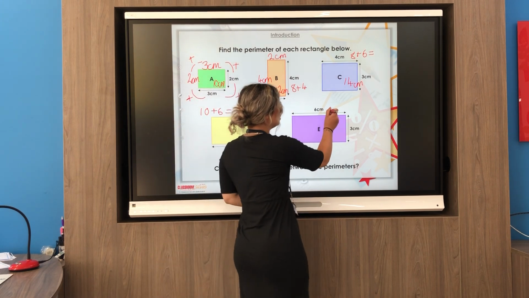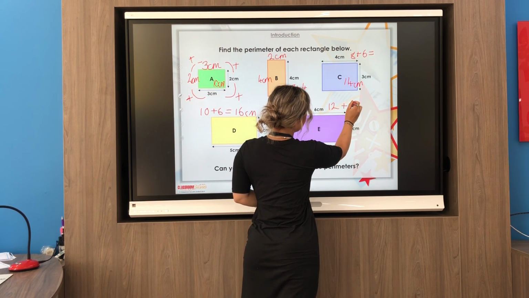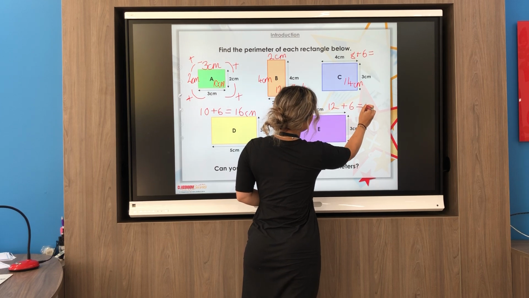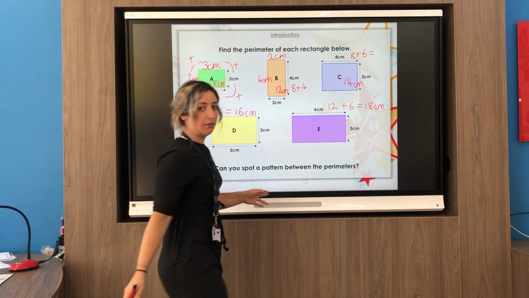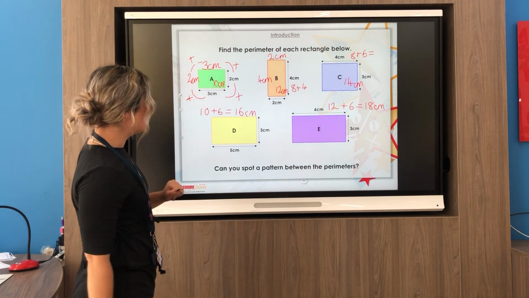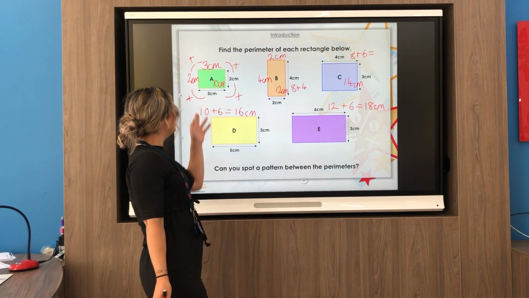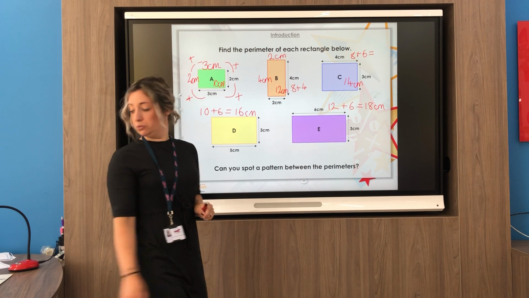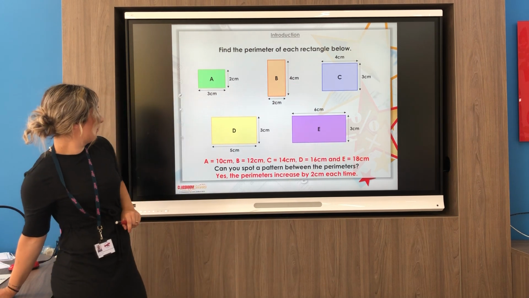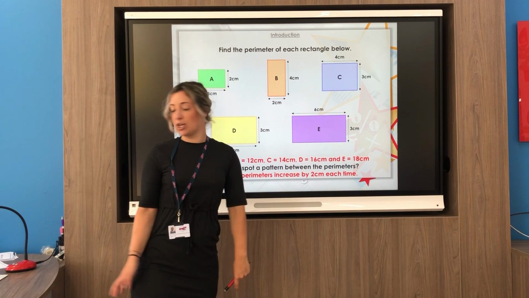So 6 times 2 is 12, 3 times 2 is 6, and it is 18 centimetres. So coming on to the second half of the question, can you spot a pattern between the perimeters? Yes, I can. The perimeter lengths are going up in 2s. Okay, the perimeter increases by 2 centimetres each time.